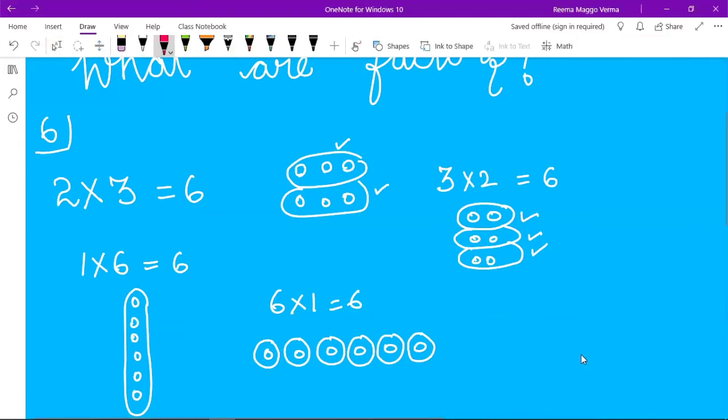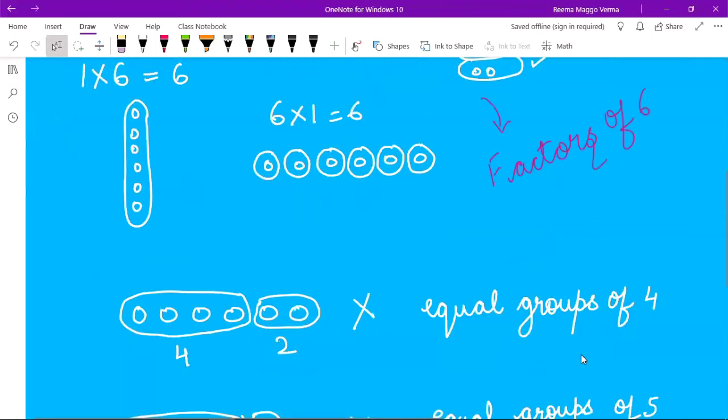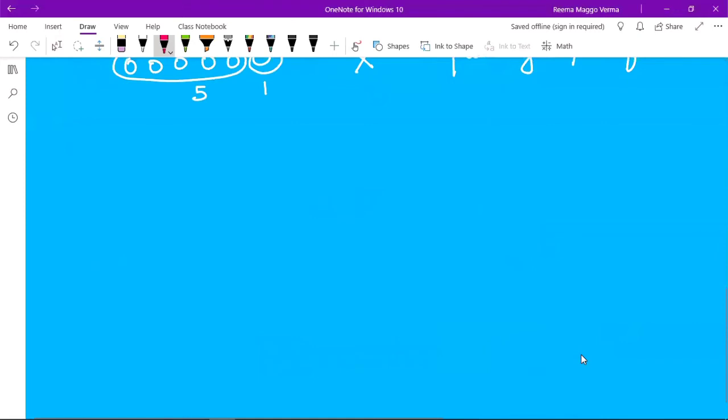So all these numbers are called factors of 6. So let us write down all the factors of 6. They are 1, 2, 3 and 6. These are the factors of 6.